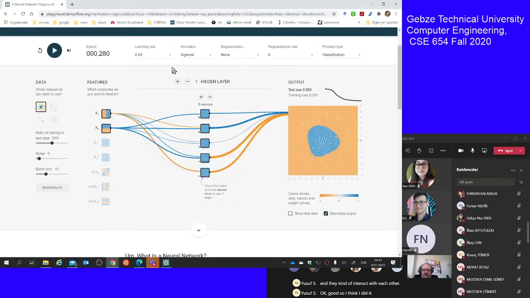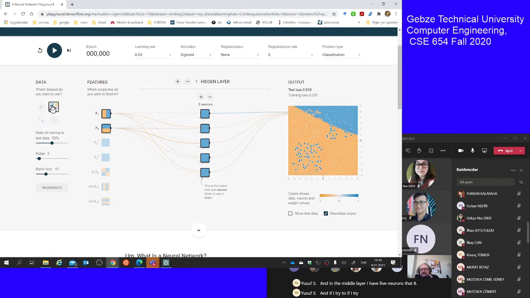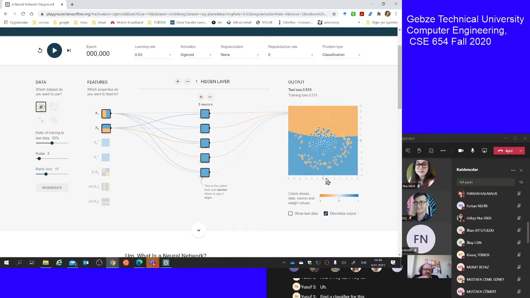Okay, good. If I go to this example, regenerate. Okay, good. So I added, if my input is size 2, just 2 inputs, and in the middle layer I have 5 neurons, not 8. And if I try to find a classifier for this case, very interesting.